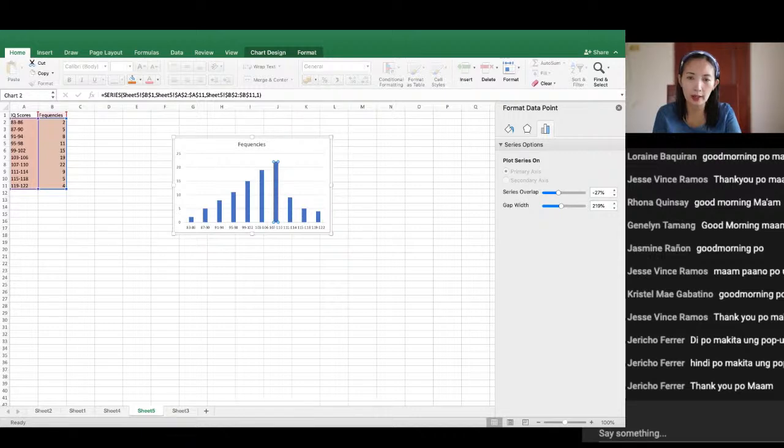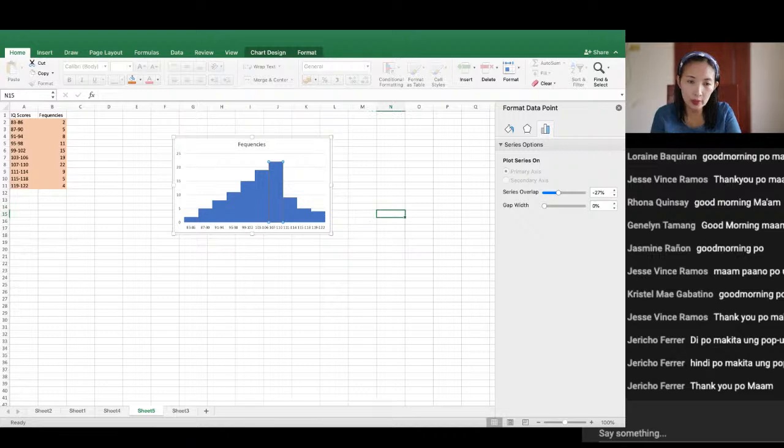So you click on the bars, and for gap width, change it to 0. Because originally it was 200+%, so gap width should be 0. Okay, and so that's it.